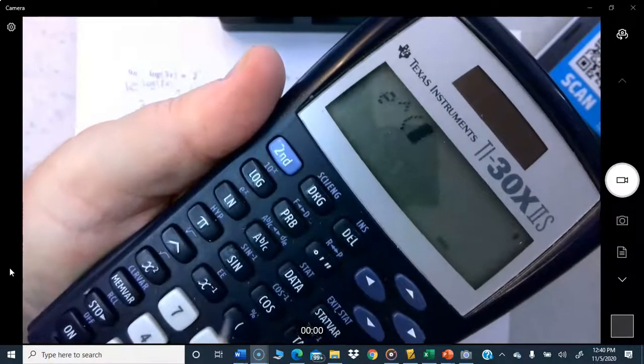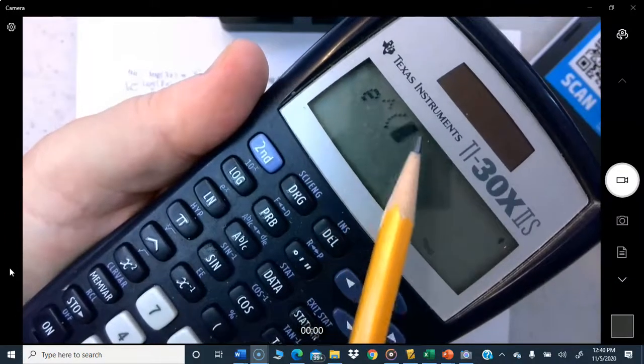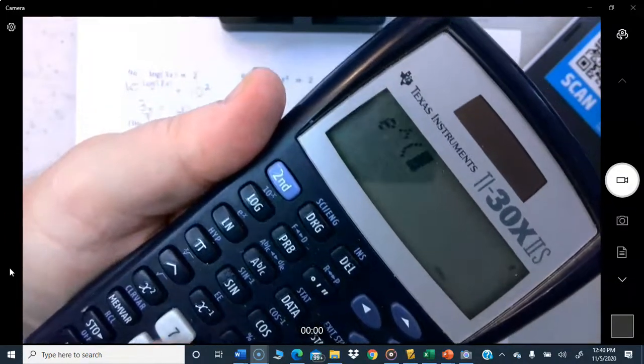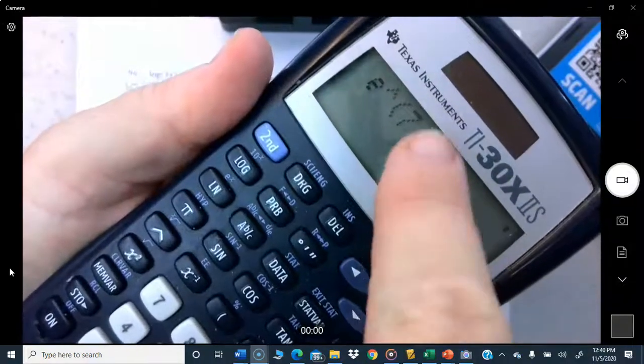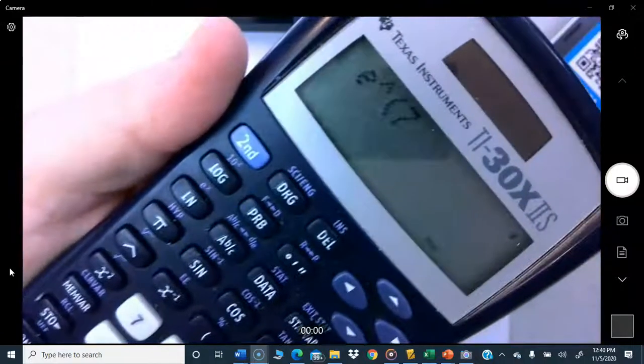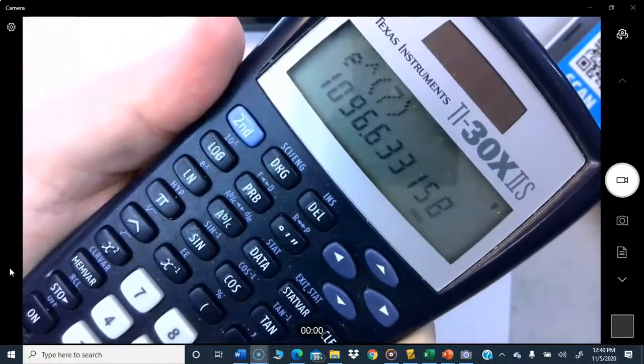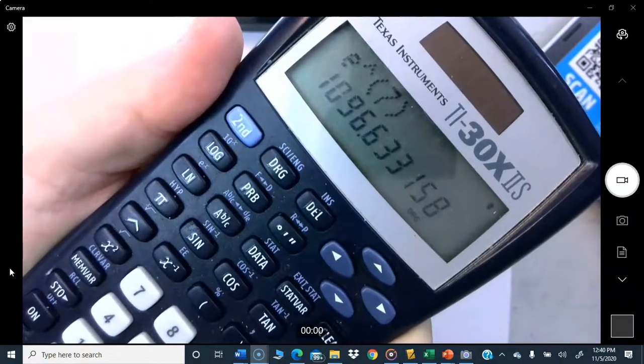And what it's really giving me is e raised to a power. There it is, e, the little caret, raised to some power. And in our case, we want it to be 7. Don't forget to close the parenthesis. There's a parenthesis button down there. I click that, and I get 1,096. I'll round it to 1,097. That's close enough.